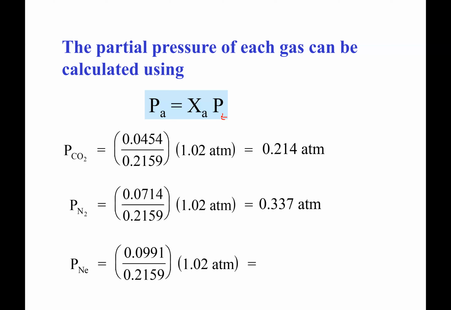That'll give us our mole fraction, that ratio. We said the total pressure of all 3 gases is 1.02 atmospheres. Again, we're limited to 3 sig figs, so you're looking at a partial pressure of neon of 0.468 atmospheres. Cool. So yeah, adding those 3 together, you should get your 1.02 atmospheres, plus or minus a little bit.